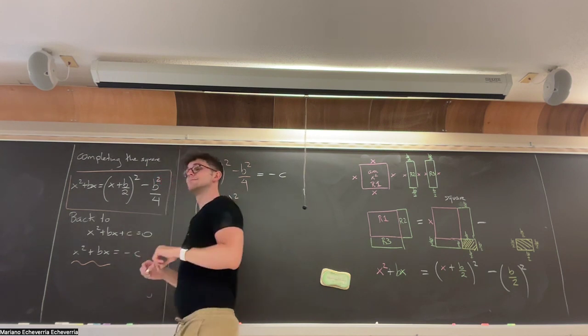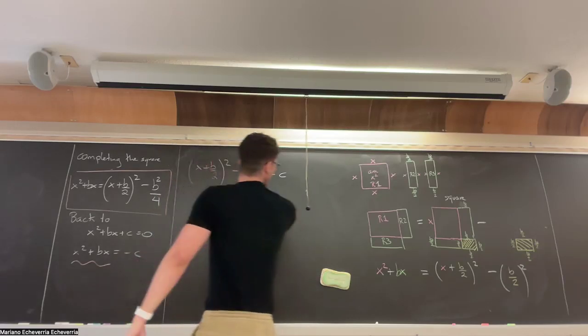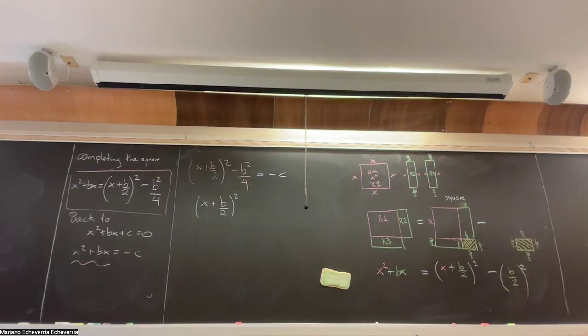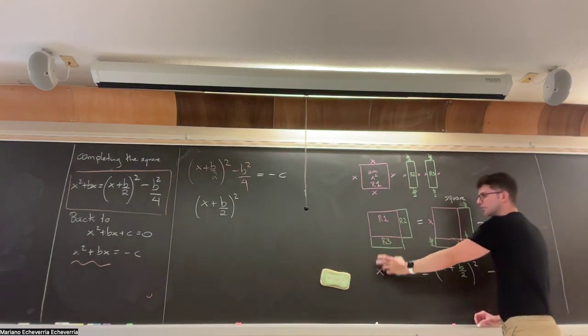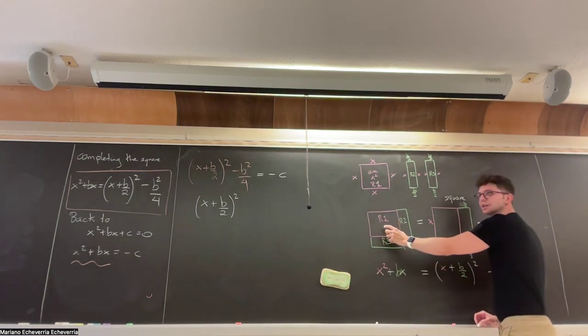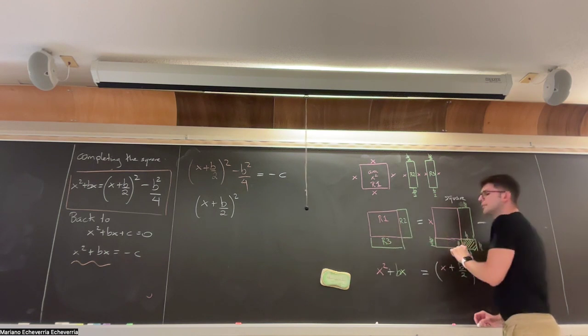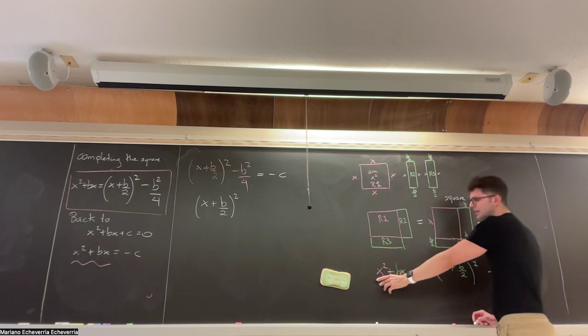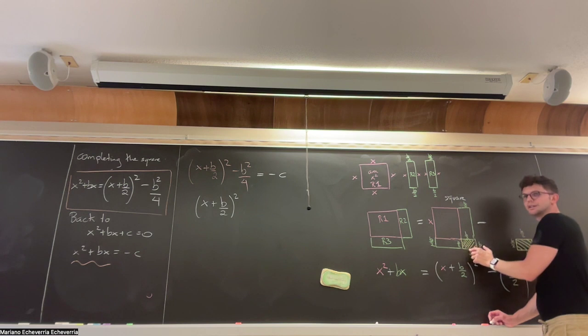Wait, why is it negative b squared over 4? Oh, because the idea was that you have to go back to this picture. x squared plus bx corresponds to the area of these things, right? So what the formula says is that this area is the same as the area of what you get by completing the square.